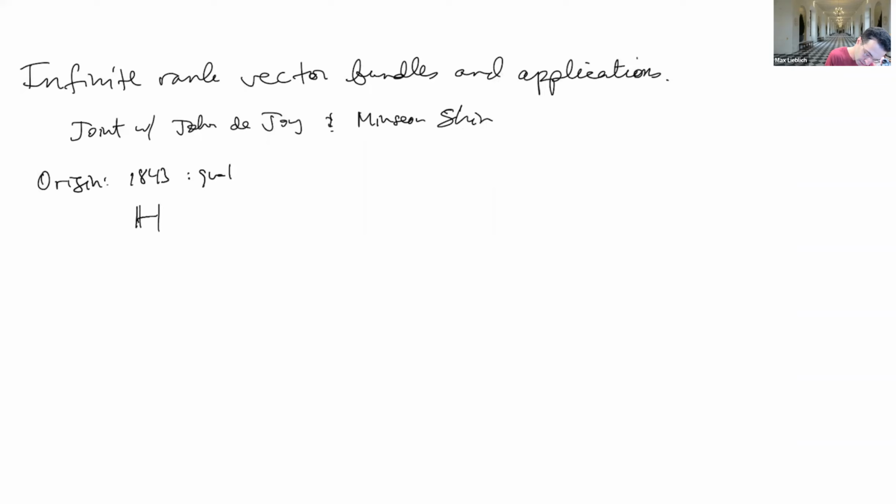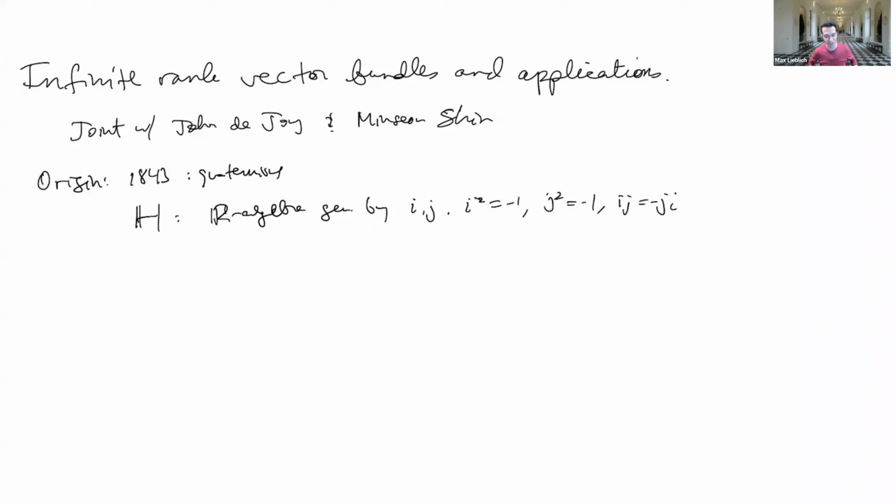Okay. And we know this is an R-algebra generated by two square roots of -1 that anticommute. Again, this was a big thing when it was discovered, and there's a very interesting history of it that I will not talk about.